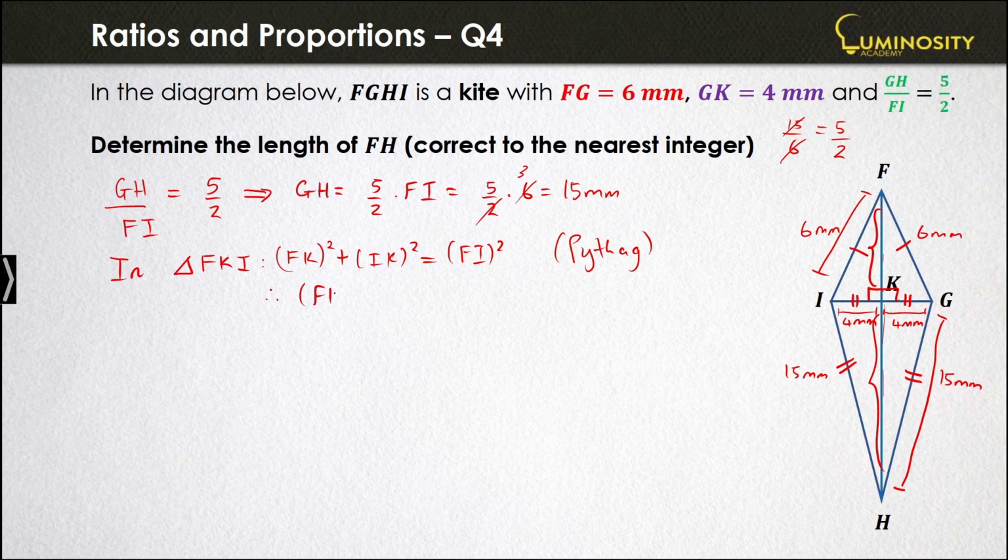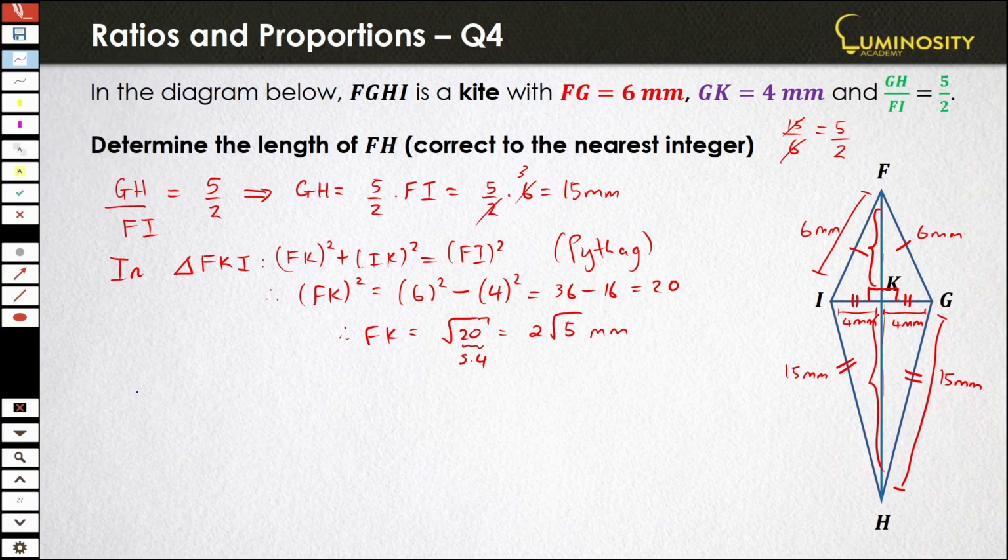So to find FK squared, I'm going to say FI squared, FI is 6, so 6 squared, minus IK squared, which was 4 squared. So that's 36 minus 16, which is 20. Therefore, FK is the square root of 20. 20 can be written as 5 times 4, so it's the square root of 5 times the square root of 4. The square root of 4 is 2, so it's 2 times the square root of 5 millimeters.